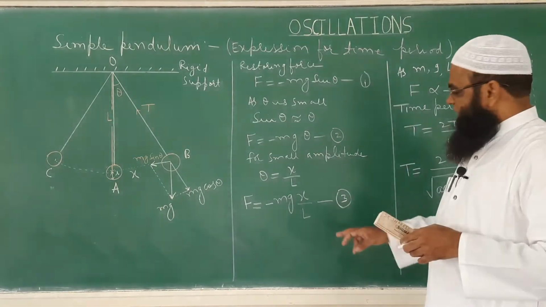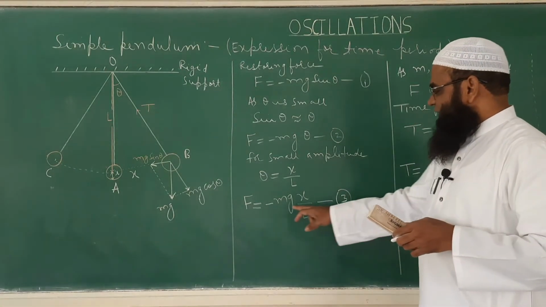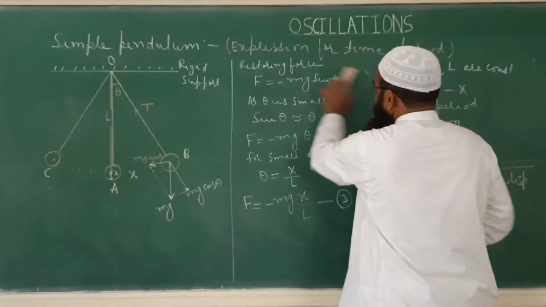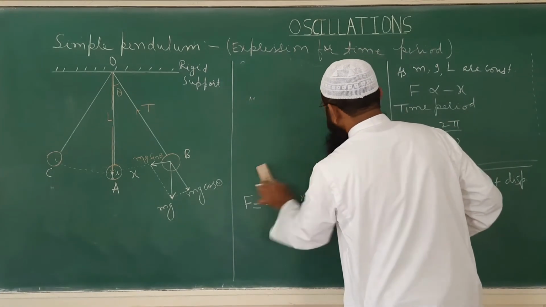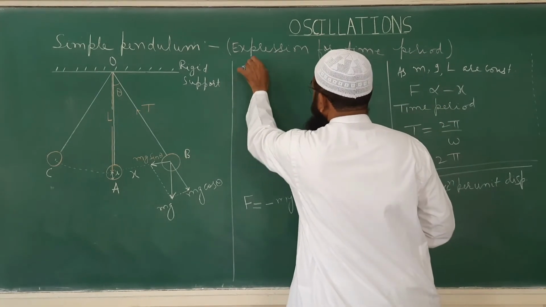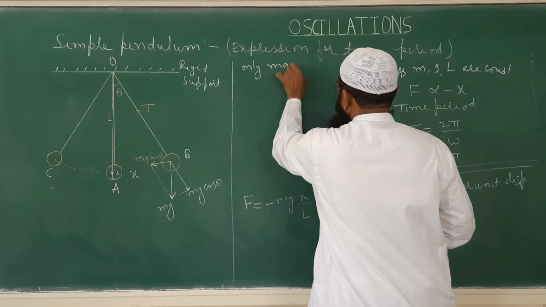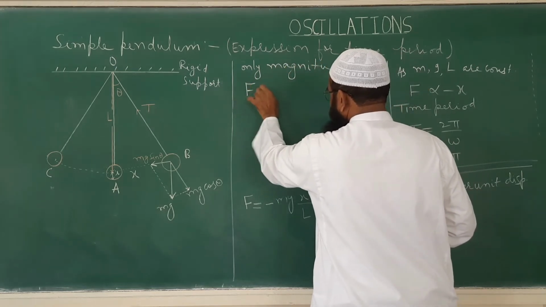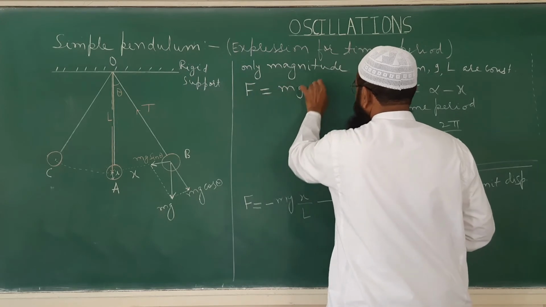So directly we will use equation 3. If we consider only magnitude, then F is equal to mg x upon L.